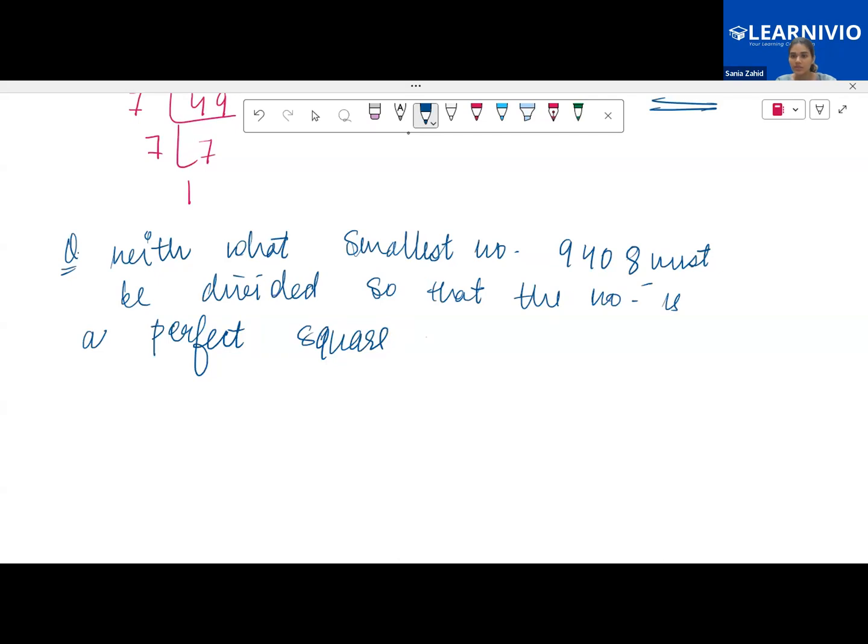This is what the question is. So what you will do here, you will again do the prime factorization of 9408 and then check for the numbers, make pairs out of it, and whatever single number you have, you will divide by that number. Okay, try to solve it, children.